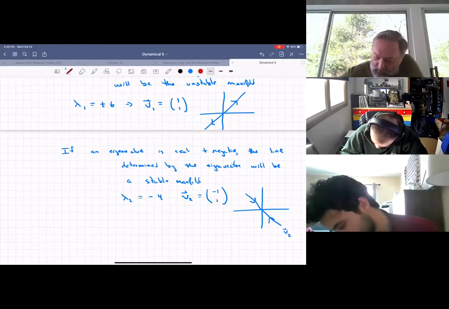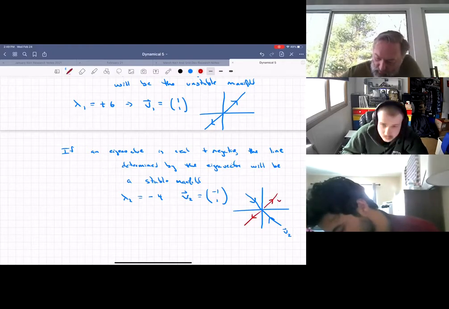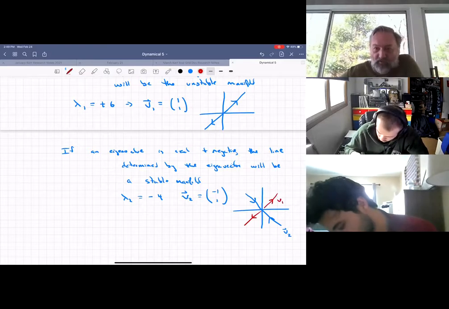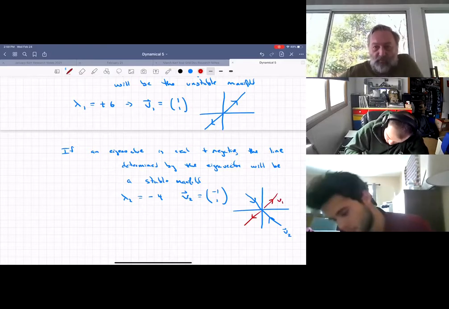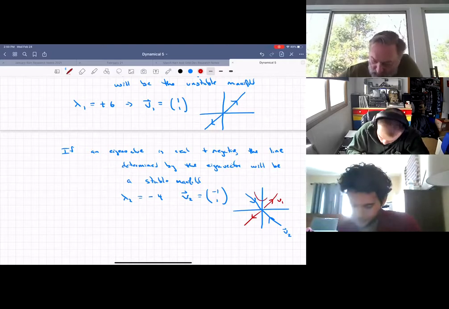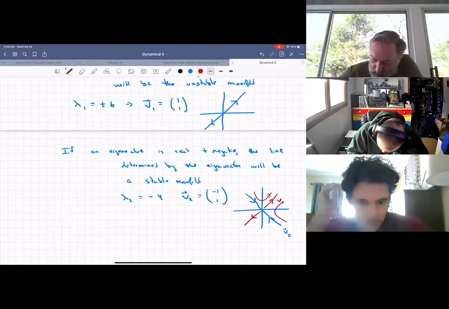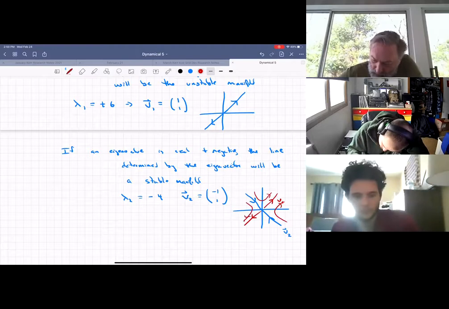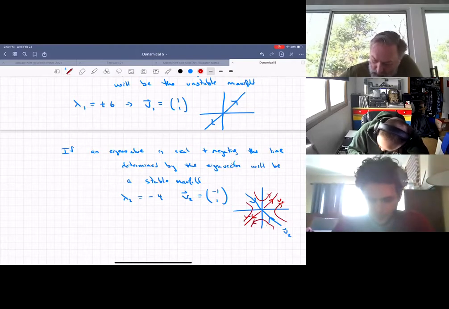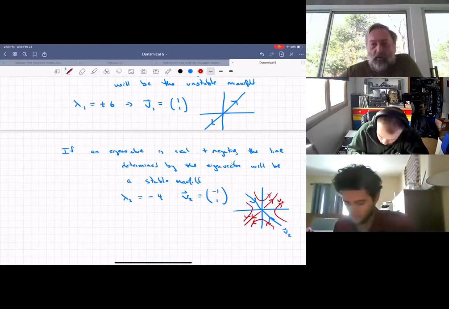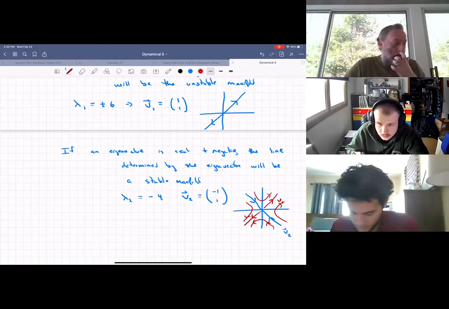And then here I had the eigendirection for V1. And so this particular linear system, corresponding to the numbers I picked, would have a flow that looks like that. That would be my flow for that particular system.